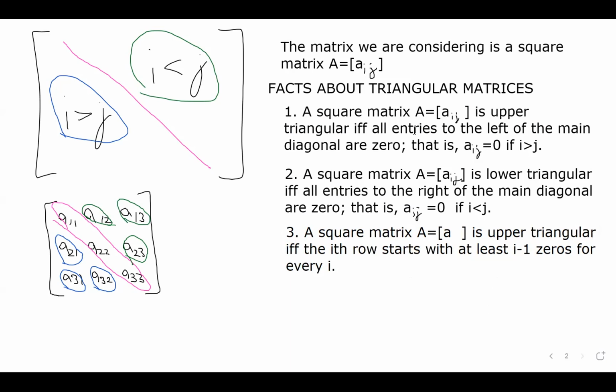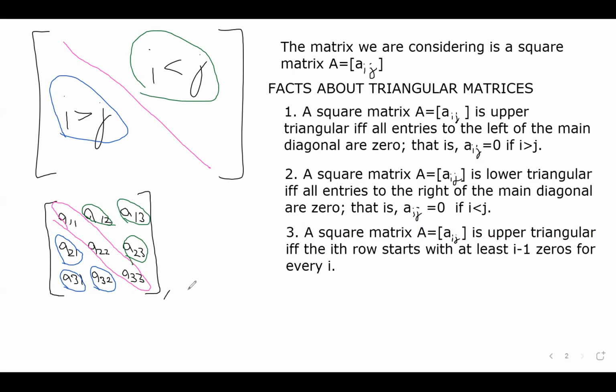So a square matrix A equals a sub ij is upper triangular if and only if the ith row starts with at least i minus 1 zeros for every i.